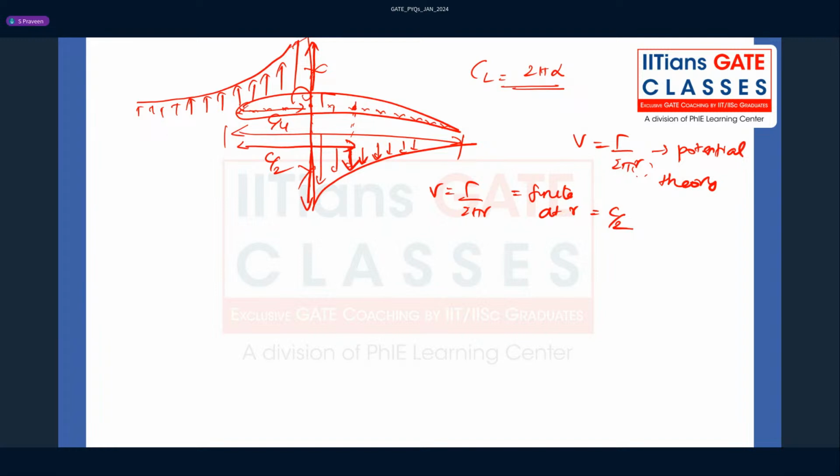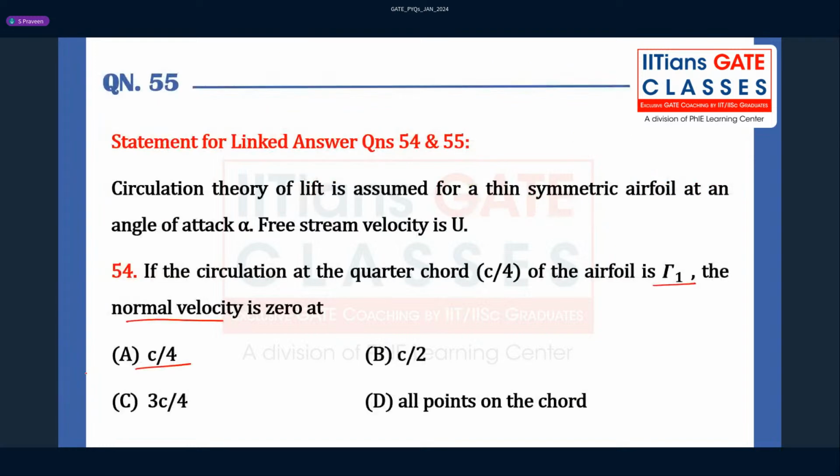At this center you will have both the upward component and the downward component. Magnitude wise the velocity blows off, whereas if you take the vector addition of these two velocity vectors, it drops to 0. So hence your answer has to be C by 4. Okay, hope you guys understood this. If no doubts, then let me go ahead to the last question.